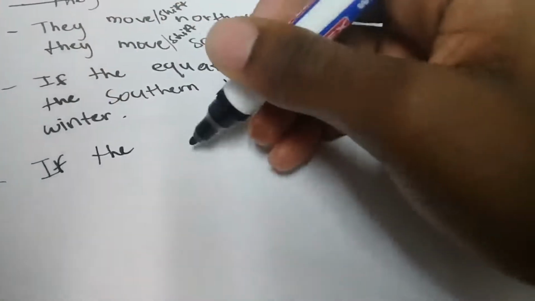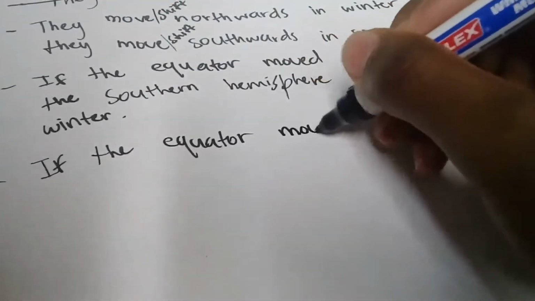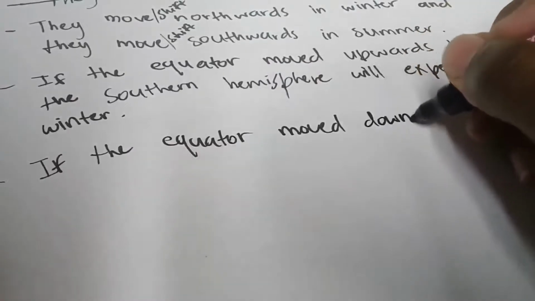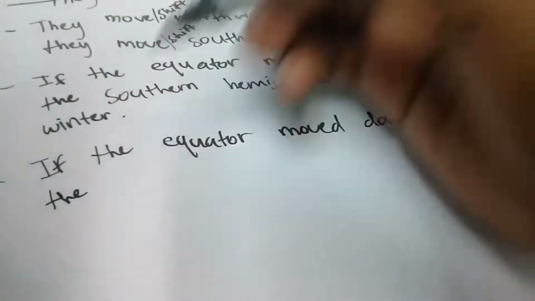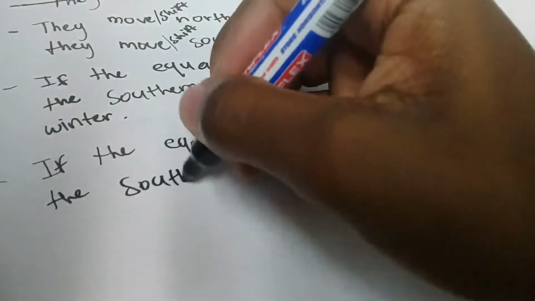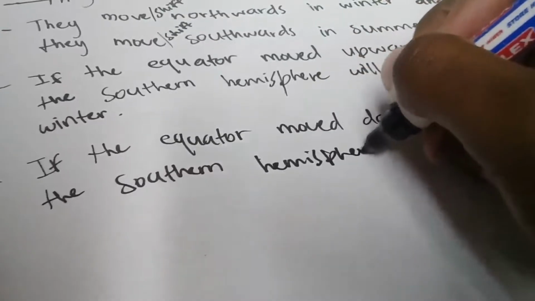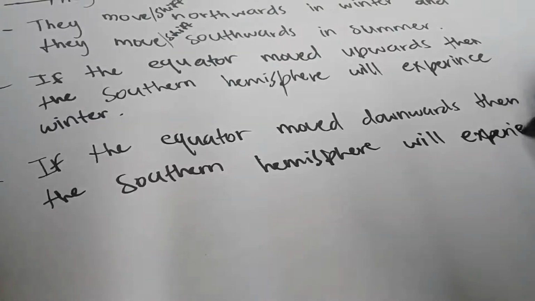If the equator moved southwards or downwards, then the southern hemisphere will experience summer.